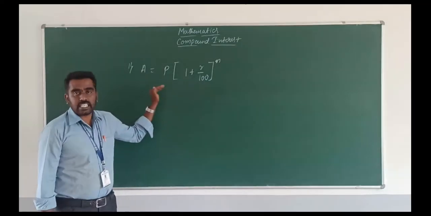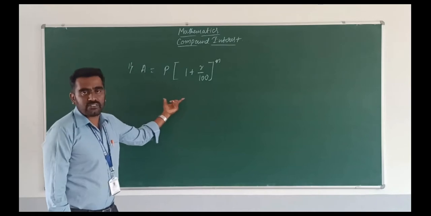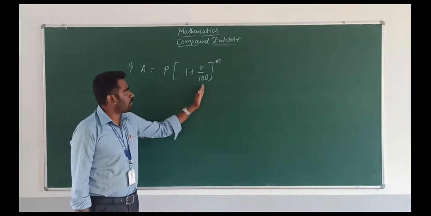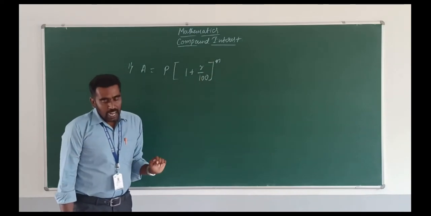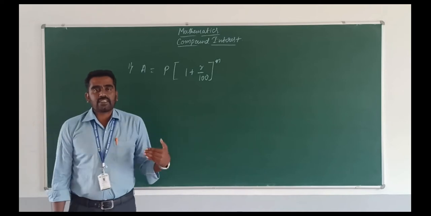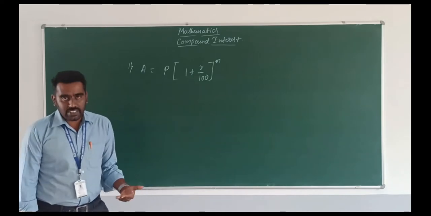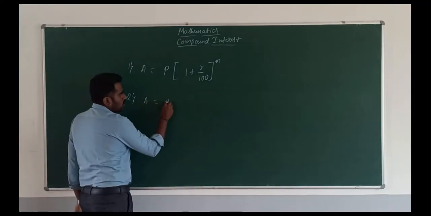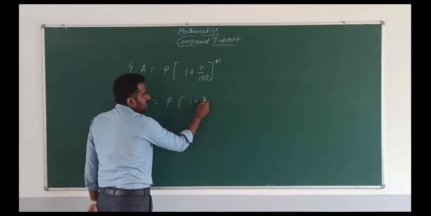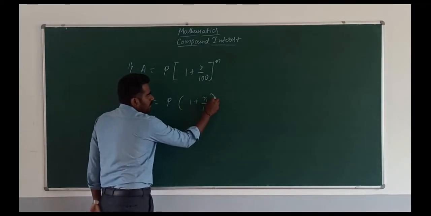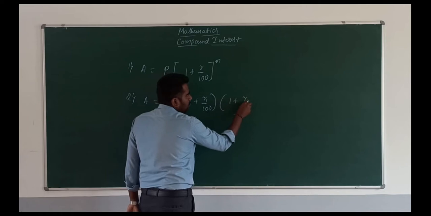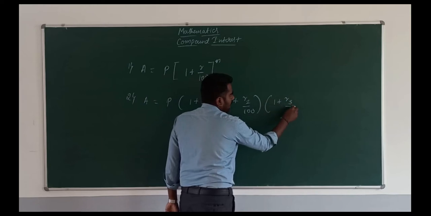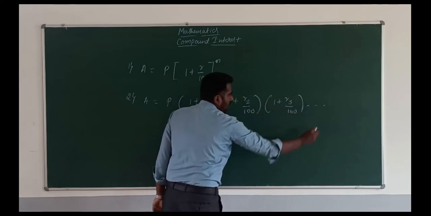When the interest is compounded yearly, the formula for finding the amount is A is equal to P of 1 plus R by 100 to the power n. And when the rates of interest for the successive years are different, we have one more formula: A is equal to P of 1 plus R1 by 100 into 1 plus R2 by 100 into 1 plus R3 by 100 and so on.